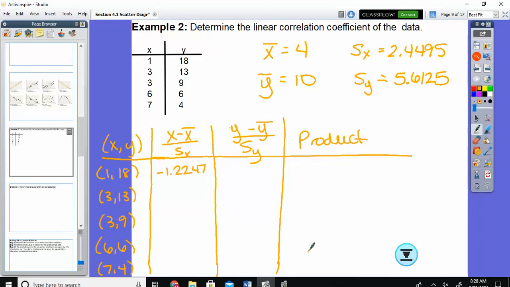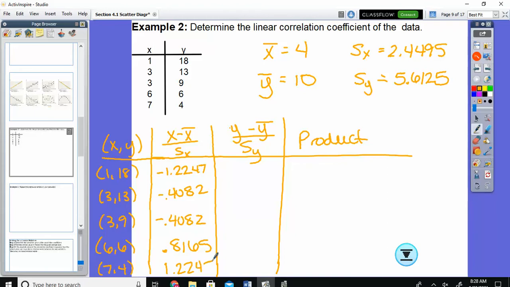And so for the second one, I just need to change my 1 to a 3. This one has the same x value of 3, so this x one is the same. And I have my x as a 6. And then a 7.